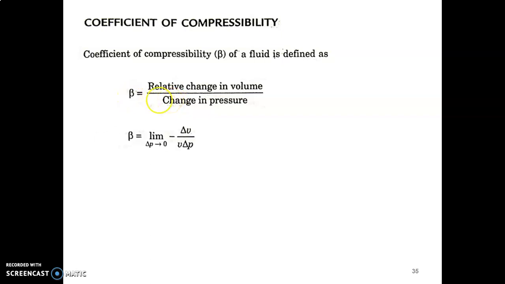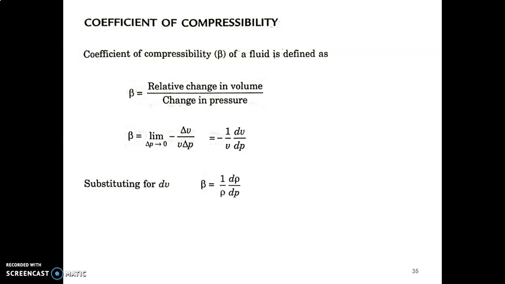Now applying the relation for K from the diagram which we have drawn earlier, we can give the change in pressure and relative change in volume, and after applying the limits, we get the relation negative 1 by v dv by dp, which is nothing but the reciprocal of the bulk modulus of elasticity.